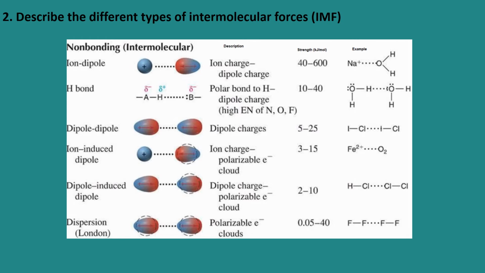What are the examples? For example, here we have an ion in the form of iron with a charge of positive 2. If it encounters an oxygen which is highly polarizable, they form an ion-induced dipole. The ion here will affect the oxygen atom.